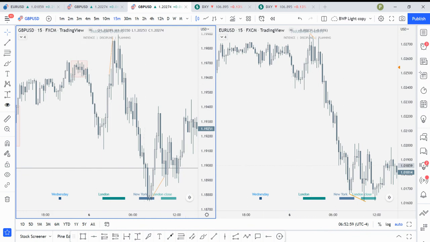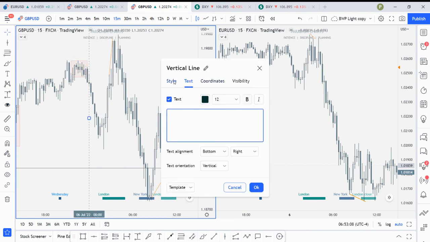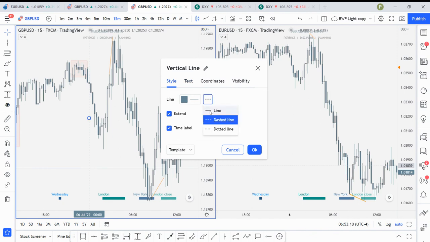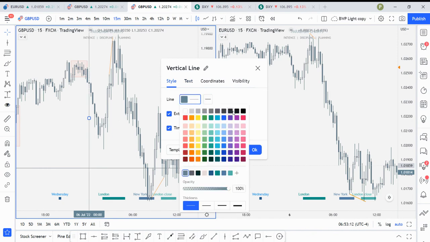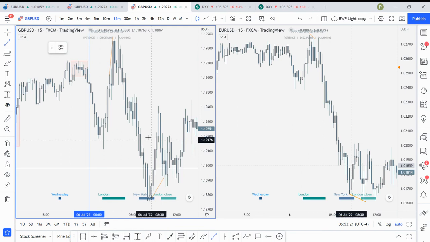When you draw it out in time, let me just show you. If I draw a vertical line at 12 o'clock midnight time, let me make it more solid, maybe blue, so that you can see it. This is midnight New York time. If you draw a line, that's what you should see me draw sometimes when you look at my chart.